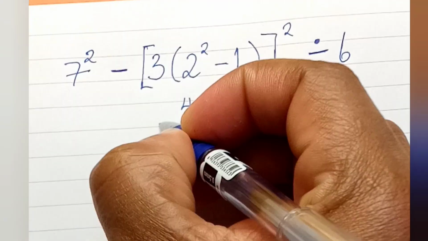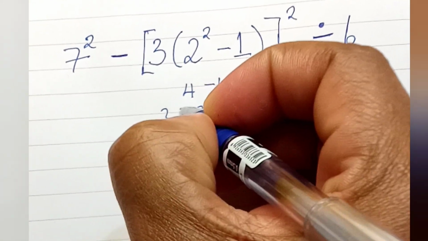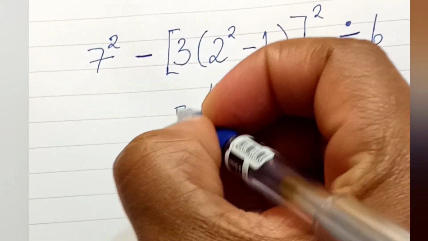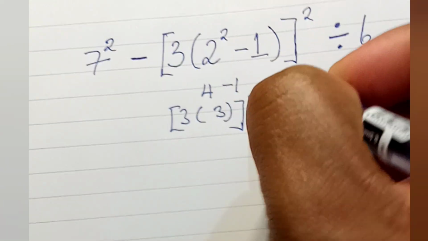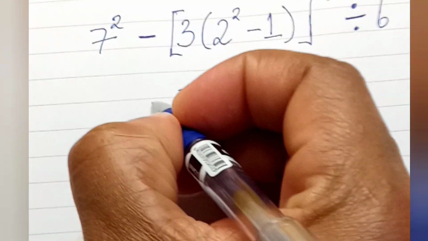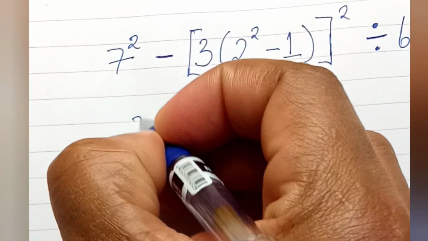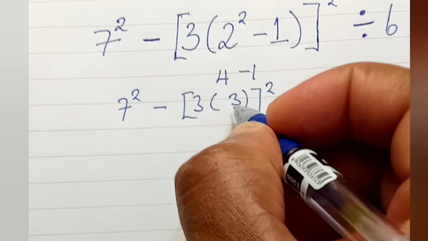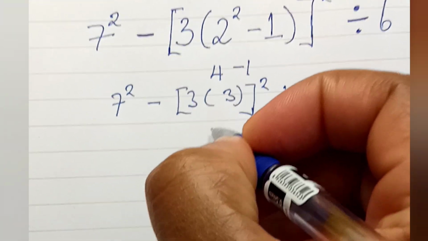So we have 3 squared divided by 6. 3 multiplied by 3 gives us 9.